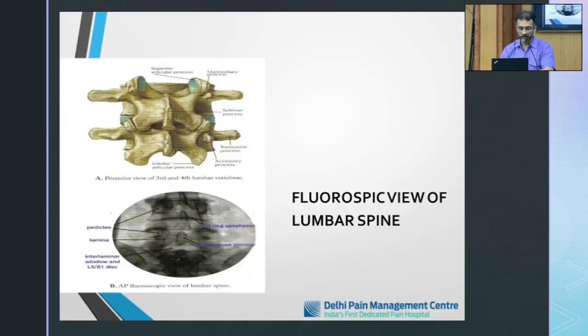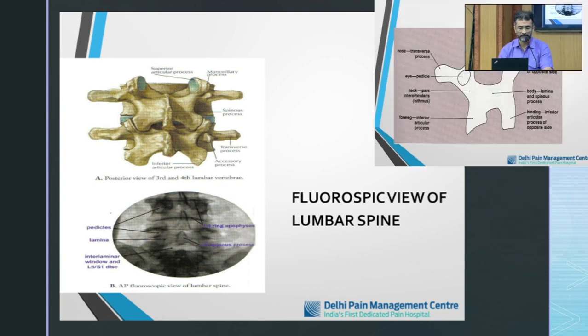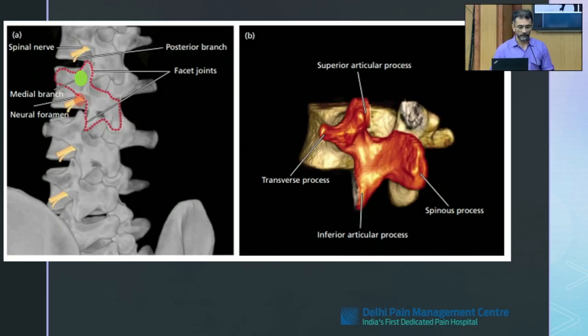Squaring we have discussed. So this is a lumbar spine and this is a famous Scotty dog. Not a big fan, but yeah, where you get the images. Now this is an oblique image where you can see the entire Scotty dog. So this is the pedicle. Below the pedicle is the position of your foramen.